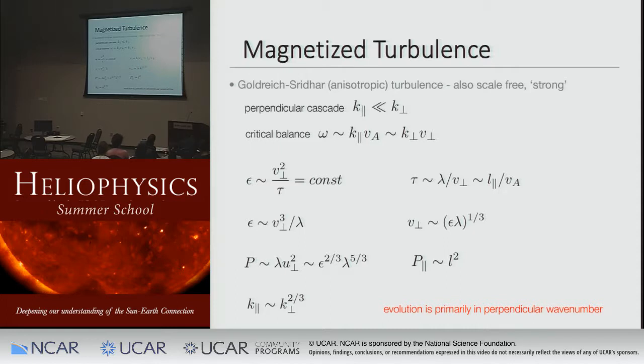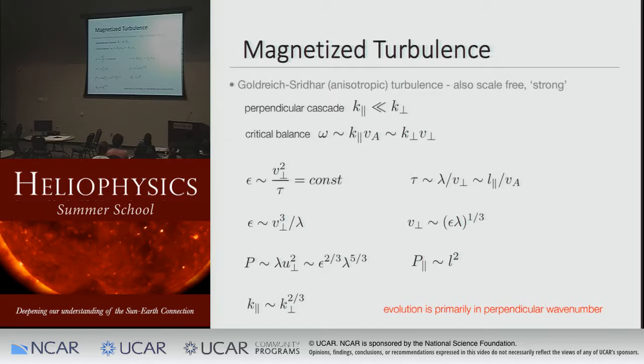So what that says is that this interaction that takes the fluctuations from one scale down to the next scale occurs in one Alfven period. So the Alfven wave just gets one. So this is what's called a strong turbulence model. So this model assumes that the cascade happens rapidly in the perpendicular direction.